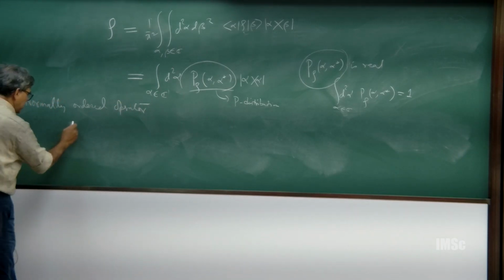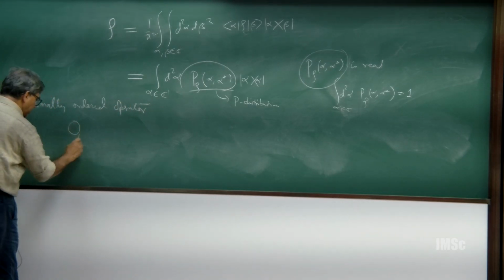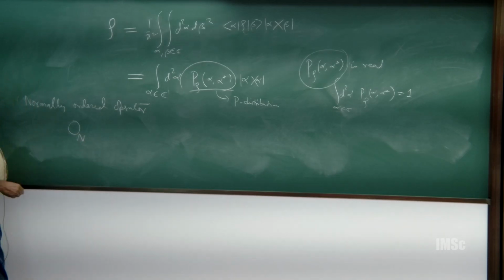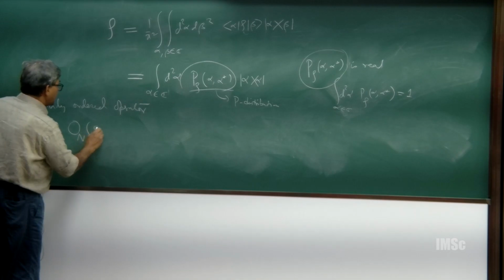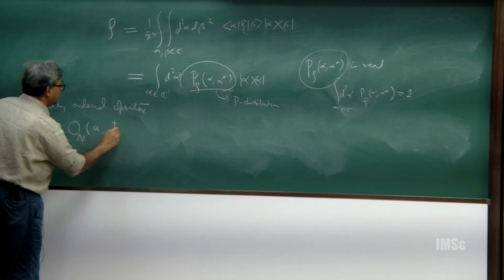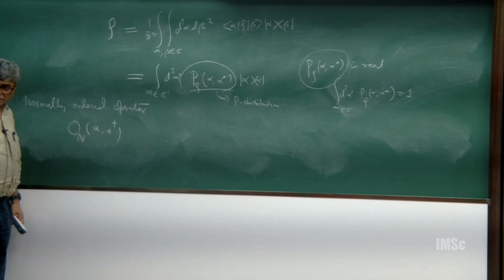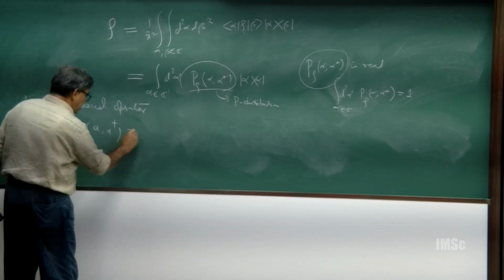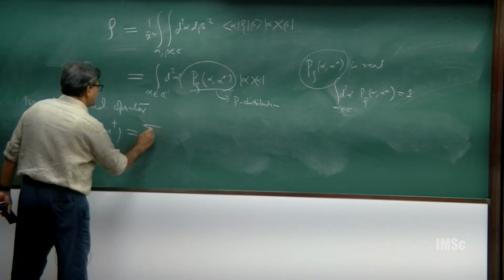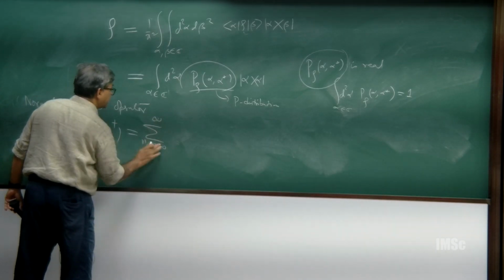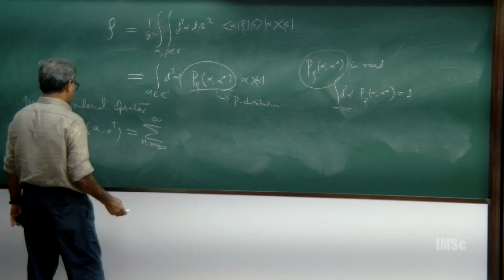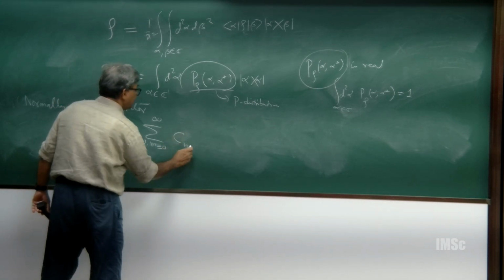Normally ordered operator means you take this operator O_n, n means normally ordered, and any operator for my system will be a function of A and A dagger. I am talking about the single mode system. This is A and A dagger, and what is this? This is the sum over n and m equal to 0 to infinity. Let us say this is C_nm, this is the coefficient.